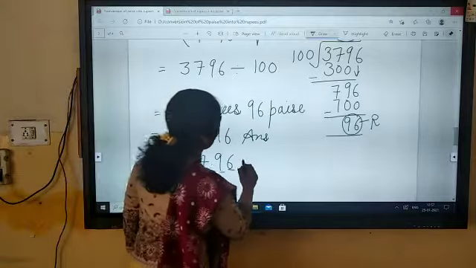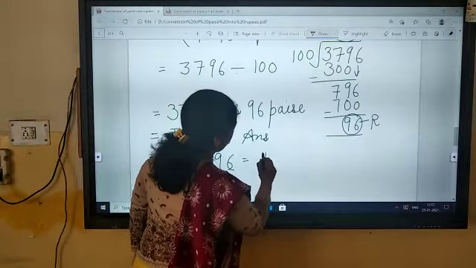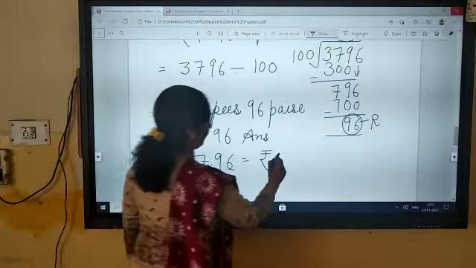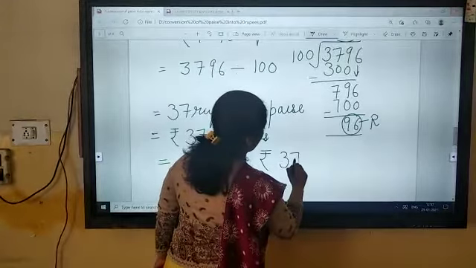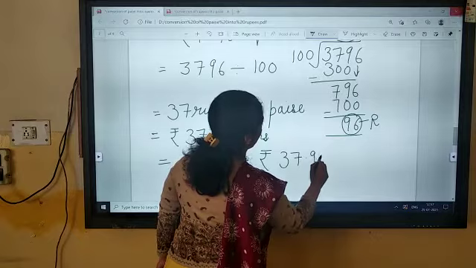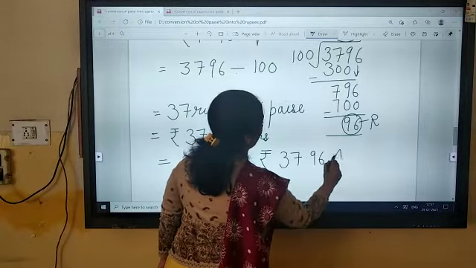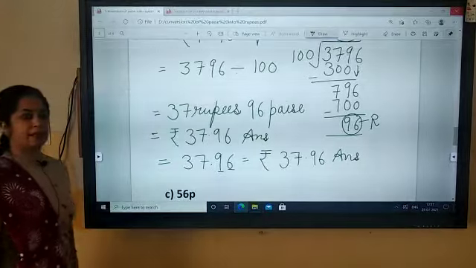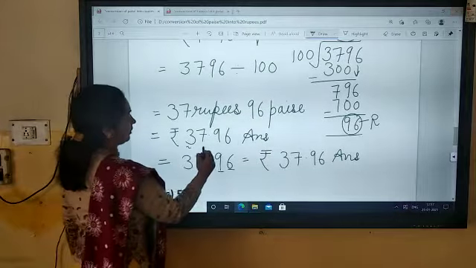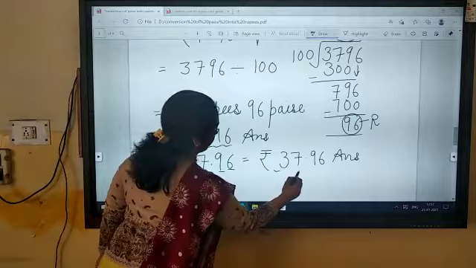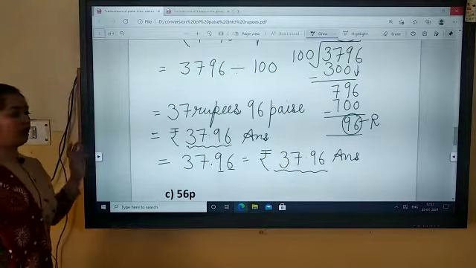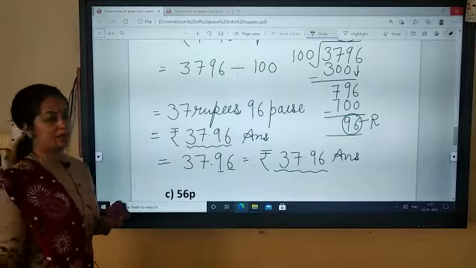Then we put the symbol of rupees first and then write the answer. You can see that both the answers are same. So we can use any method to find the answer.